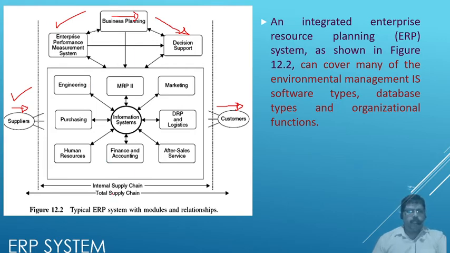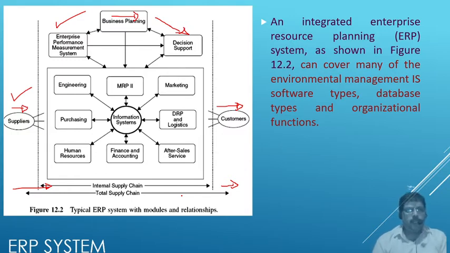When we discussed enterprise graining, we discussed two concepts, and here we have to concentrate on the supply chain. One is the internal supply chain, which is within the enterprise. The total supply chain is between the supplier or vendor and the customer to whom our products are delivered.